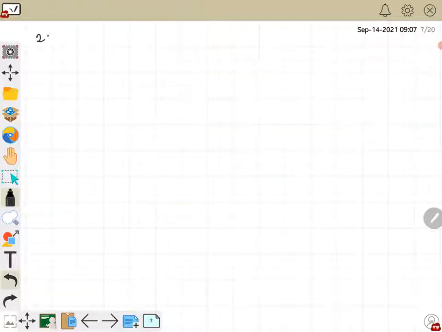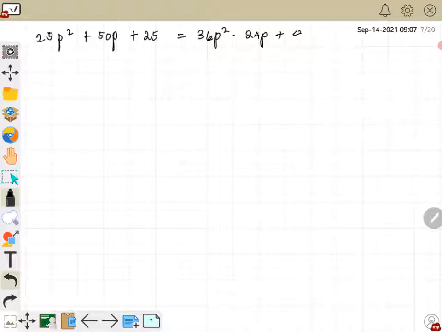So the left side is 25p square plus 50p plus 25, and that equals 36p square minus 24p plus 4.